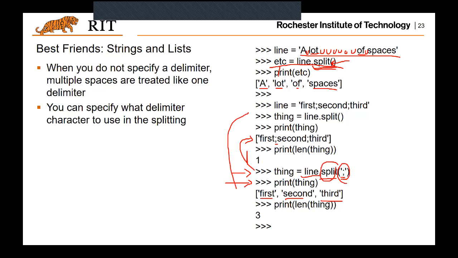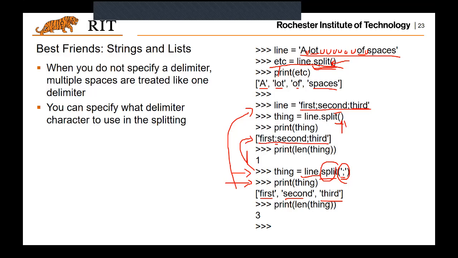Same example, same string, first, second, third. And if you put nothing as a parameter for the split, what it does is it still tries to find the space to separate this string. And because in this string there's no space, it does nothing.